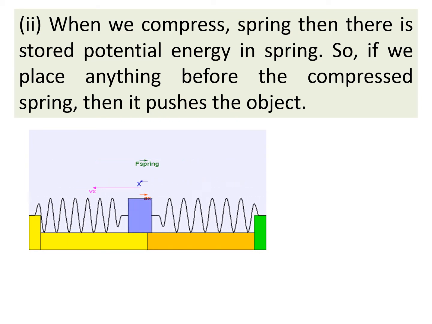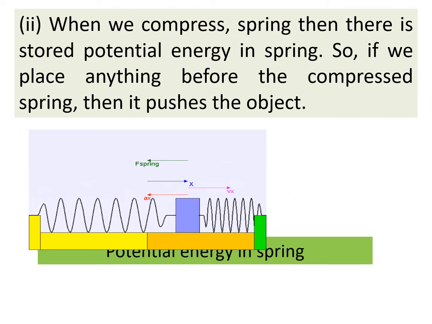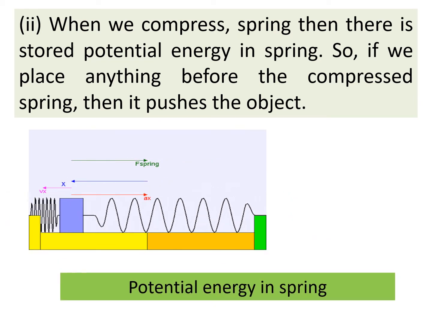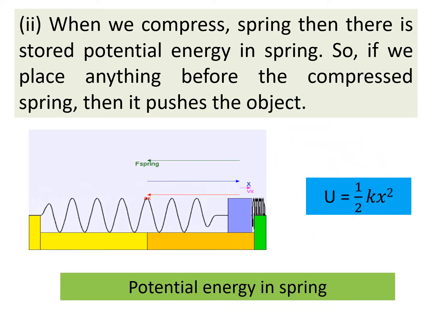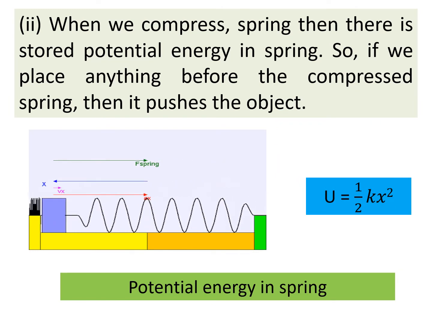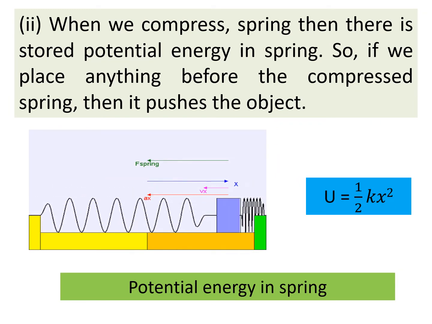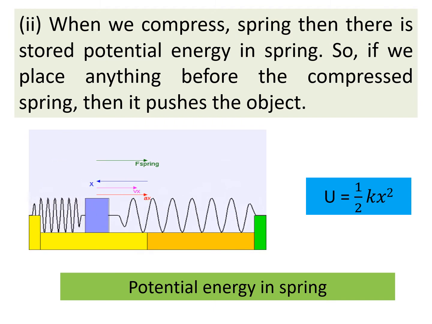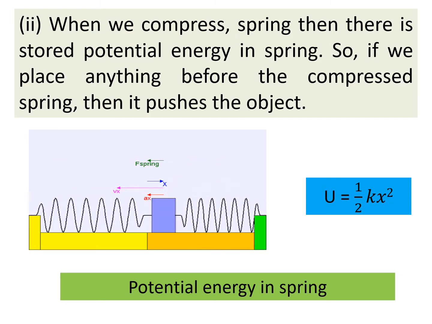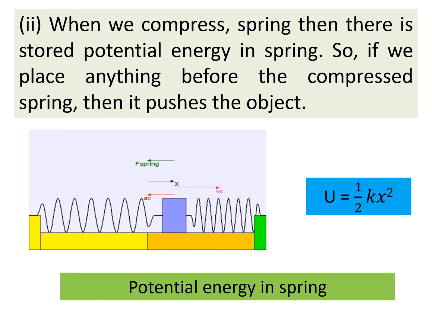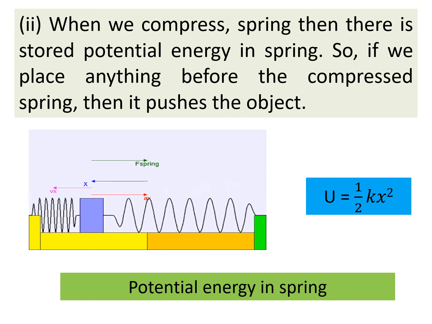You can understand from this animation. And its potential energy is half k x square. K is spring constant, x is the amount of expansion and compression. Okay, k is constant.